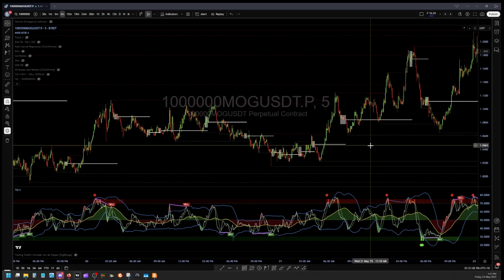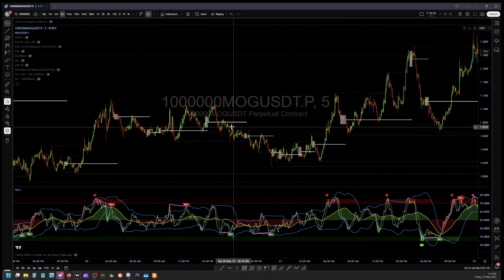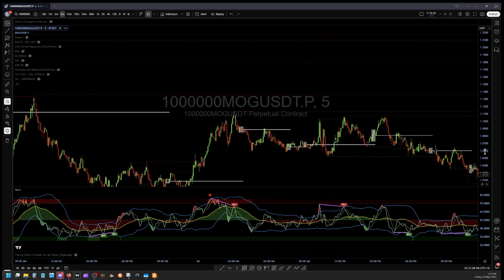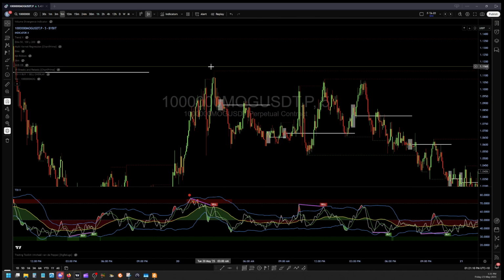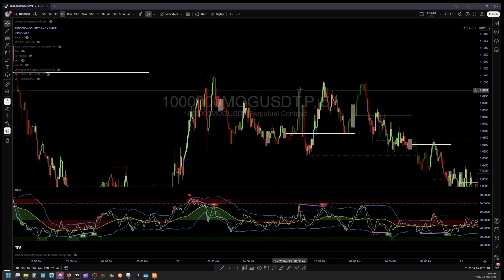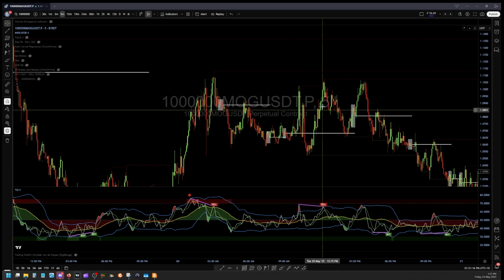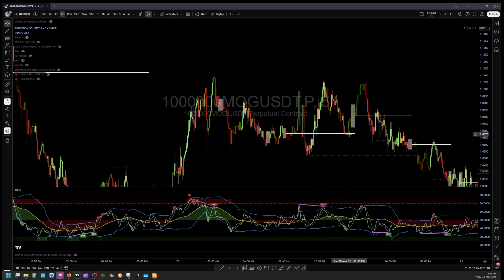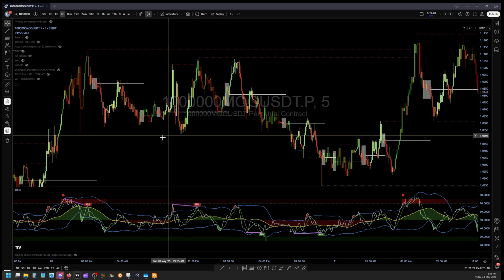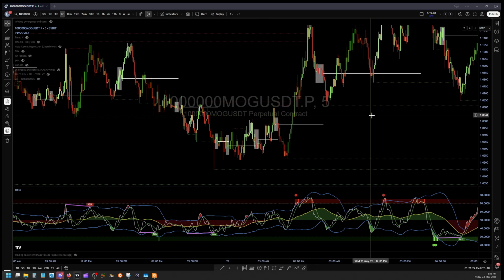You want to use more confluence, but you see this happening. Once you see these liquidity lines appearing because you've got the setting on IndicatorX, you get your liquidity line, and then price goes up, takes it, comes back down. Sometimes it doesn't make it, but oftentimes you'll have that over and over.